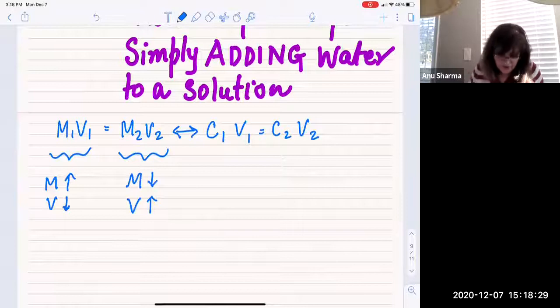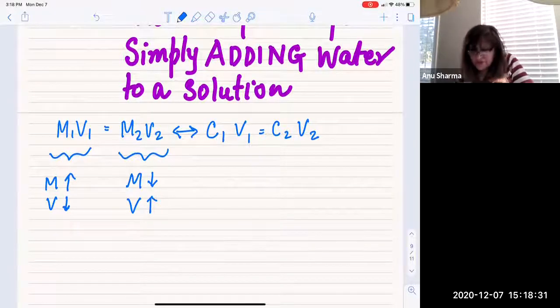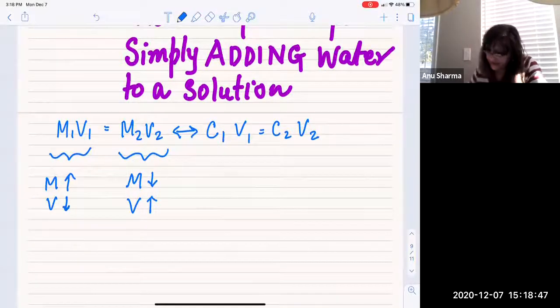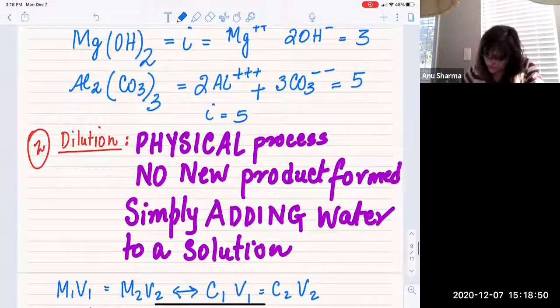Okay. Now let us do one problem here. Determine the final volume in milliliters for each of the following. Here, it is also the same solution.